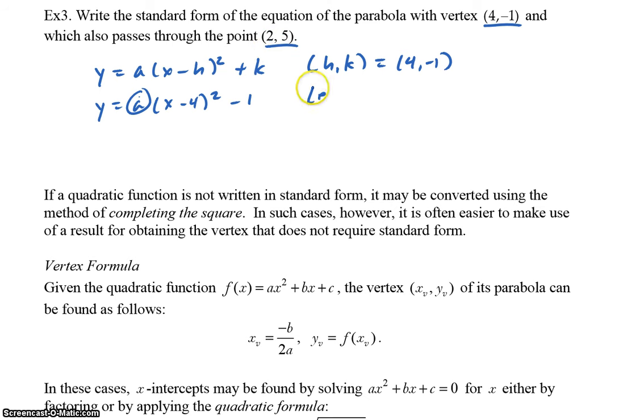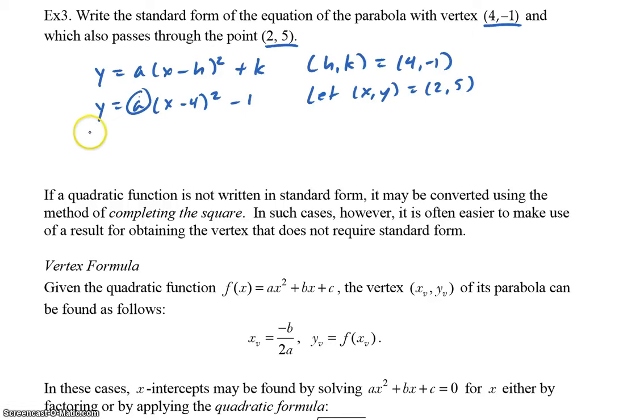Let (x, y) be (2, 5). If (2, 5) is a point on the parabola, it should satisfy the equation of the parabola. So if we substitute x equals 2 and y equals 5 into our standard form equation, we can determine the value of a that would cause that point to satisfy the equation.